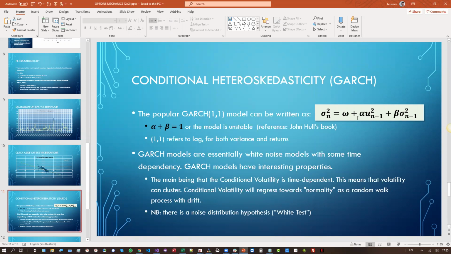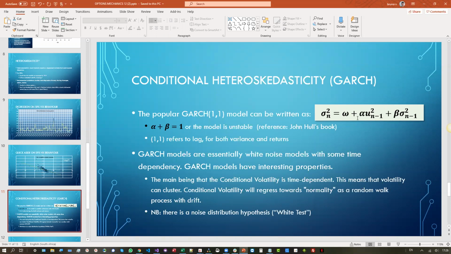So we are going to look at conditional volatility as the time-dependent model. I'm going to show you a few graphs, and I won't have time to really go into the mathematical details, but for those who want to, I will send it.